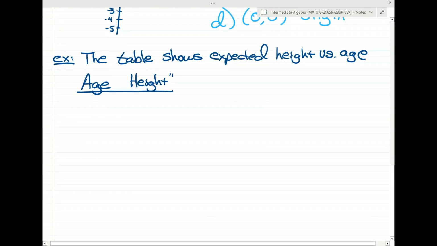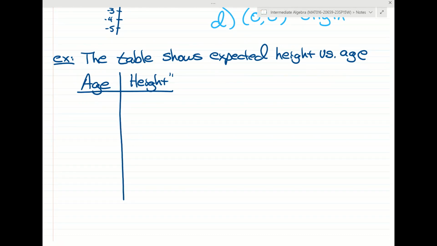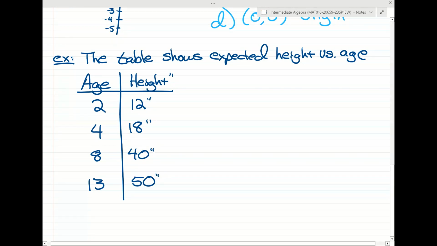Height will be in inches. And let's do 2, 4, 8, and 13 for the age column. And then for height, let's do 12, 18, 40, and 50. I'm going to ask you 3 questions.